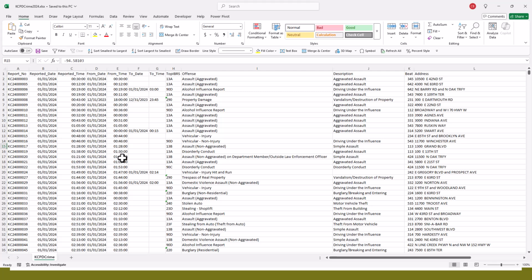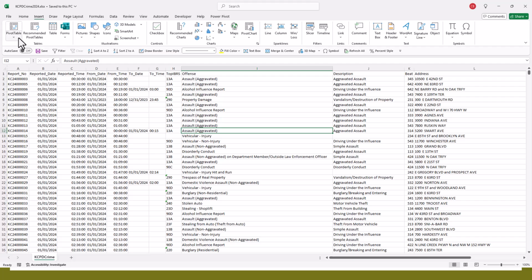But here's the thing. When we aggregate data, we create other types of data. So for instance, offenses are just nominal data, right?